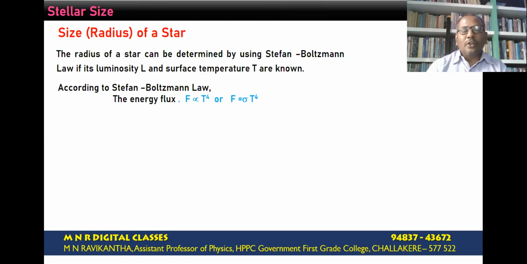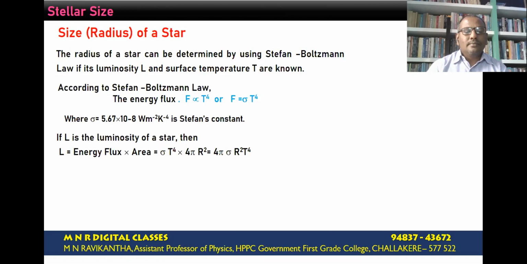Energy flux is proportional to the 4th power of its surface temperature. If L is the luminosity of the star, then L is equal to energy flux into area. If we substitute all the values, then we get L is equal to 4 pi sigma r square T power 4. Now rearrange the terms for R.